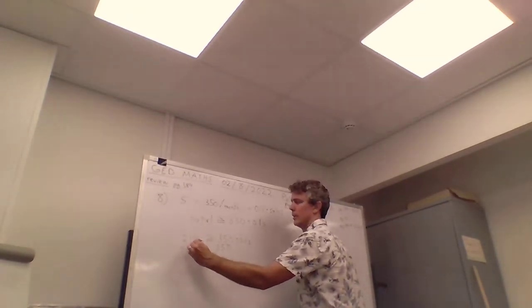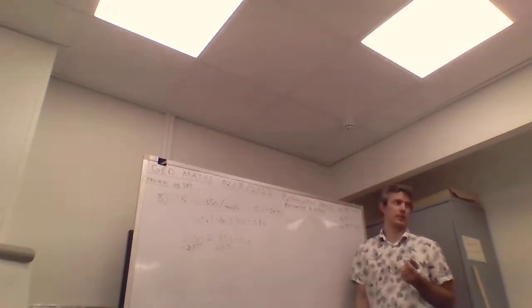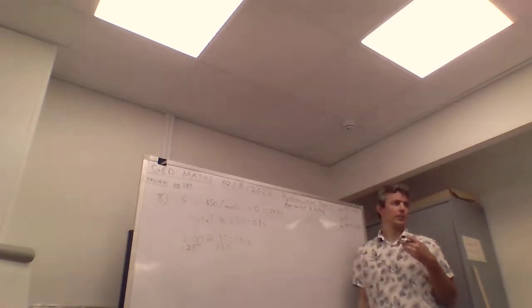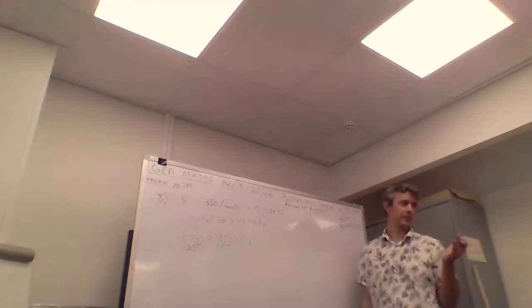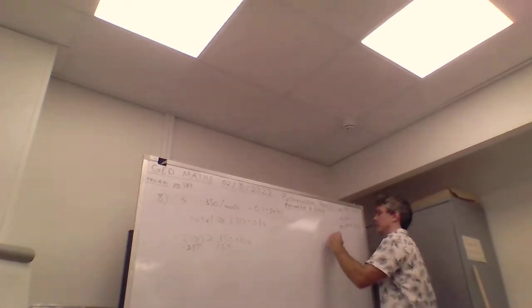Subtract 350 from both sides. What's 2,100 minus 350? It's 2,000 minus 250, right? Which is 1,750.